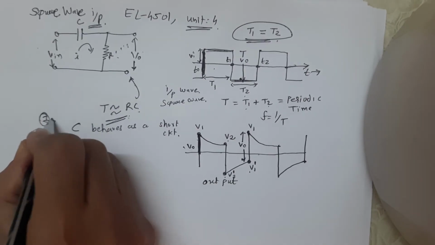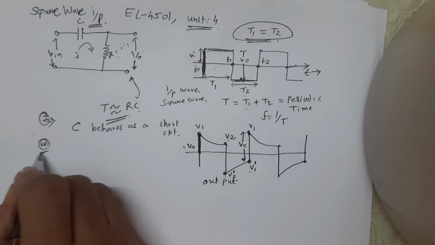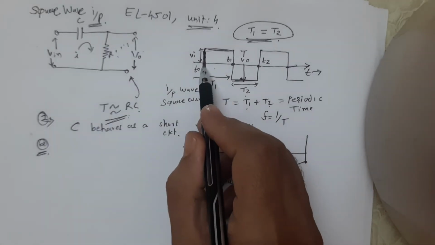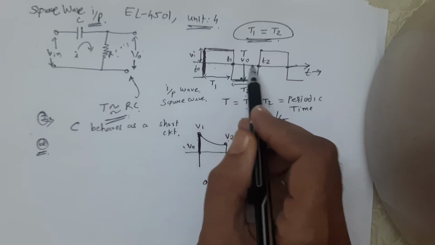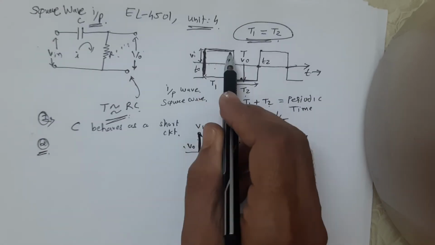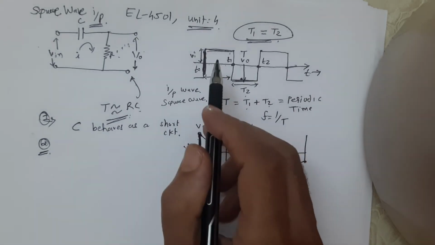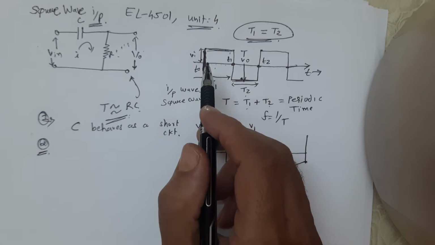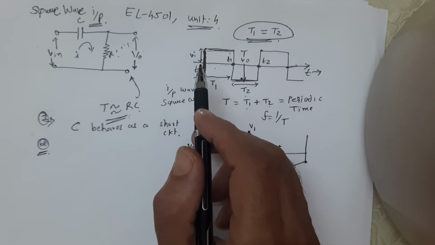This is our first. Now second, after t0, what happens at t1, t2, t3, t4, t5, like this? For different values of time, what happens in the input and at the output. Now the capacitor starts charging through the resistance R, and hence the capacitor voltage increases.